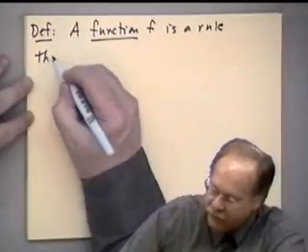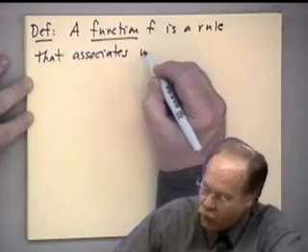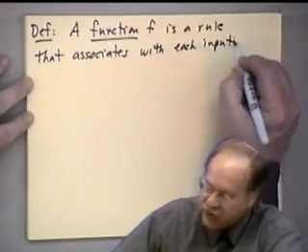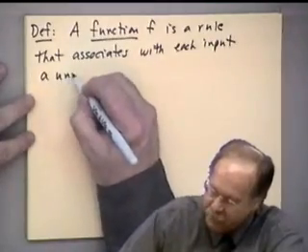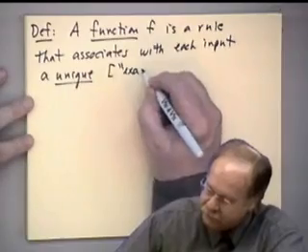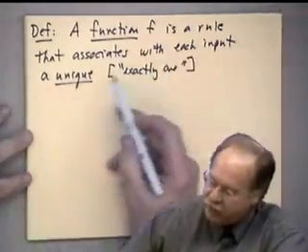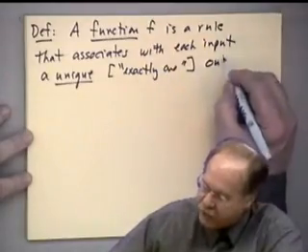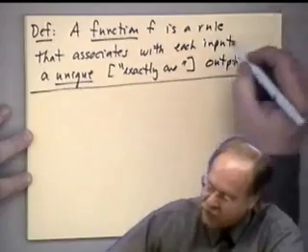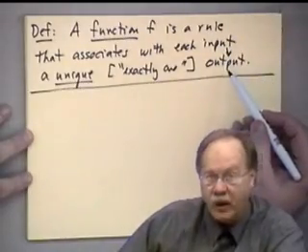Is a rule that associates with each input, using that notation, with each input, a unique, and by unique, of course, we mean exactly one. So we associate with each input a unique or exactly one output. This is the crucial definition of a function, input to output. Each input gives you exactly one output.